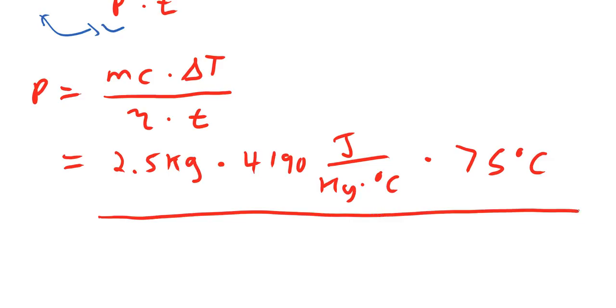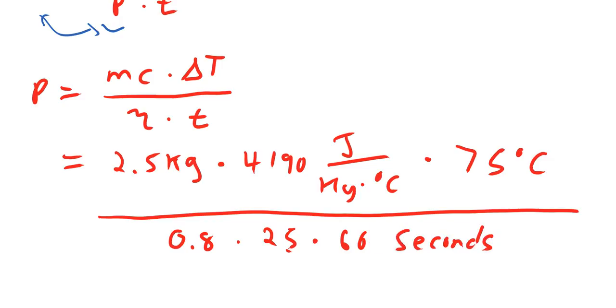Now, the efficiency of the process is 0.8, which represents 80%, and we will multiply that now by the time in seconds, which is 25 minutes multiplied by 60 seconds per minute, and that will give us a time in seconds.